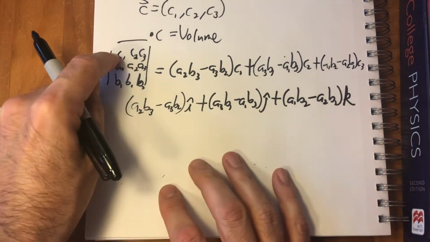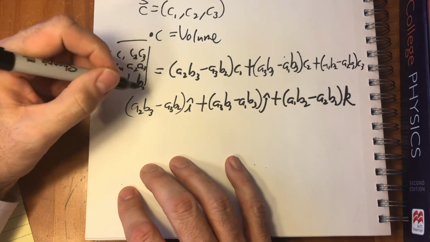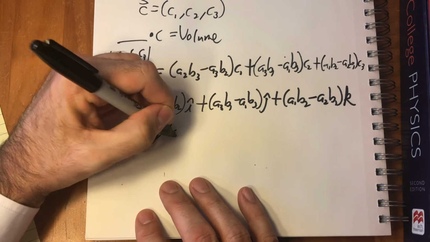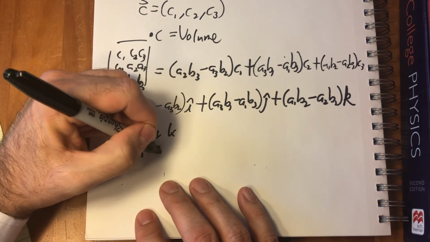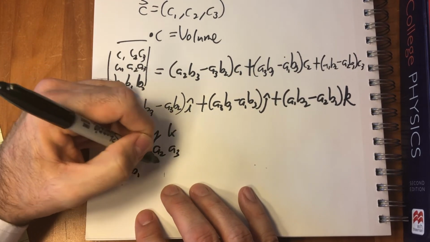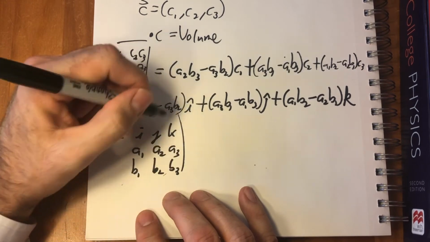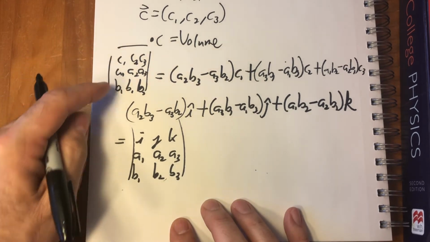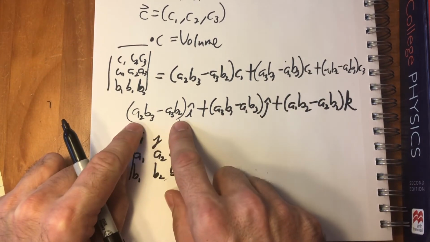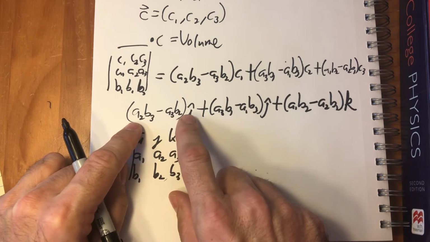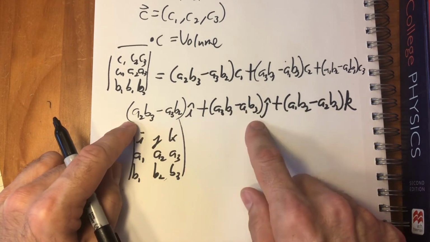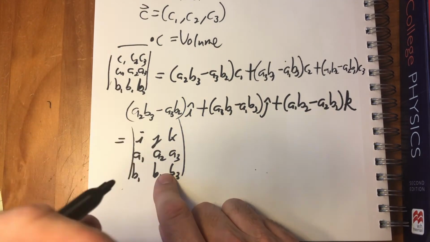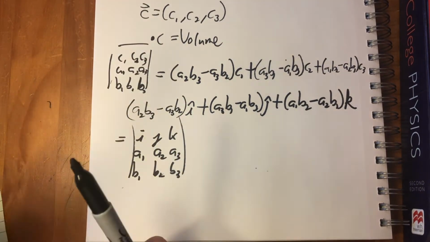With i, j, and k instead of c1, c2, c3. Here we have the determinant with c, a, and b. Here we have the determinant of i, j, and k with a and b. So you can see they're the same except for the c's instead of the i, j, k's. That's what dotting by the c does.